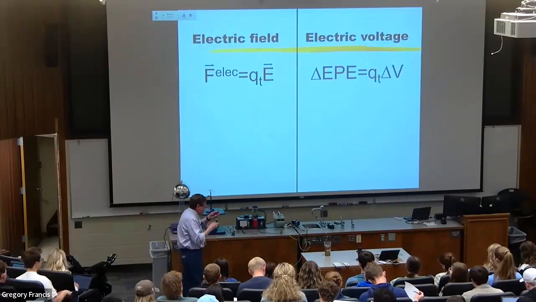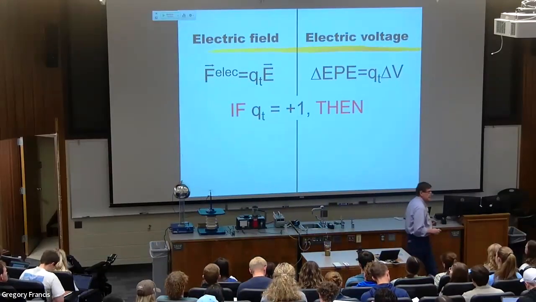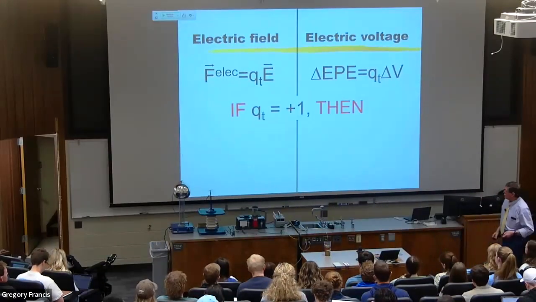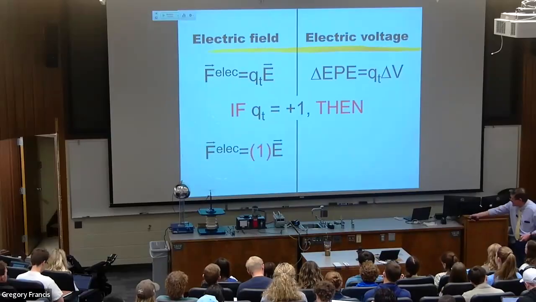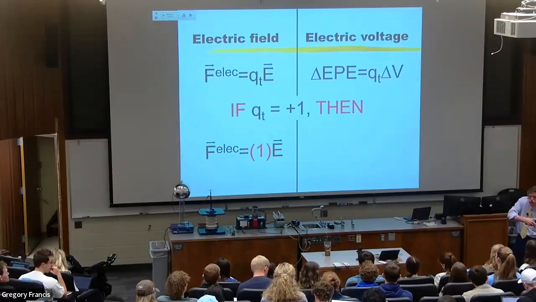We figure out what they mean by setting the test charge equal to +1 coulomb. And if the test charge is +1 coulomb, then the force is the electric field. The electric field is the force that 1 coulomb would feel.